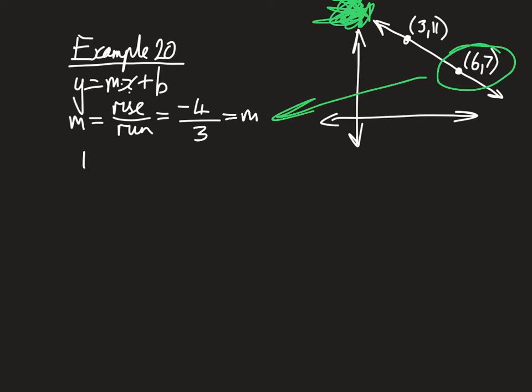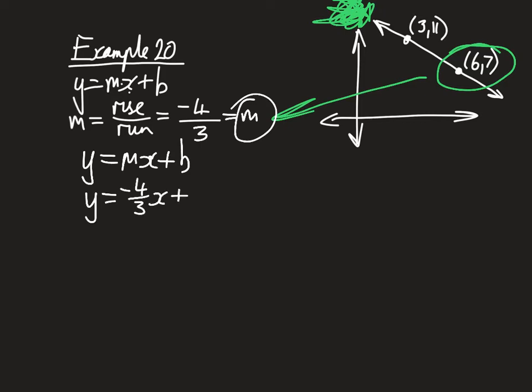So again, starting with y equals mx plus b. I'm going to put the m value that we found into the m of this equation. I end up with y equals -4/3x plus b.